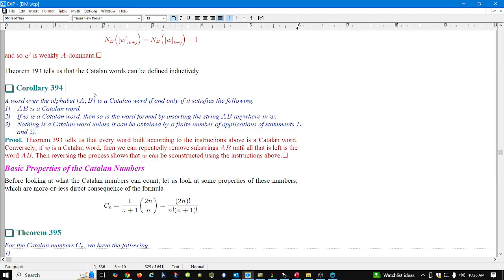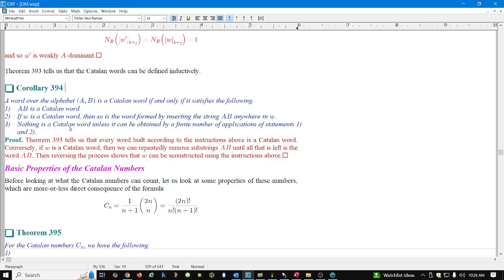A word over the alphabet AB is a Catalan word if and only if it satisfies the following. AB is a Catalan word. If W is a Catalan word, then so is the word formed by inserting the string AB anywhere in the word.